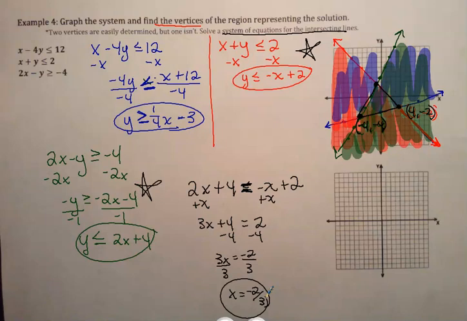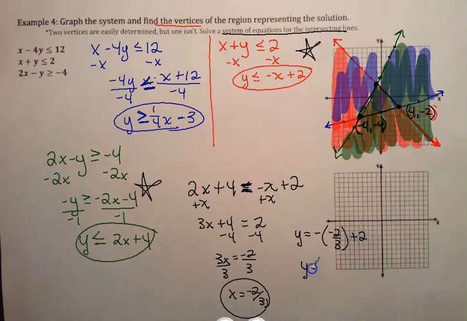Right, we're going to plug x into one of these equations. Doesn't really matter which. I'm going to plug it into this one. It looks a little easier. So y equals negative x, so negative negative 2/3 plus 2.